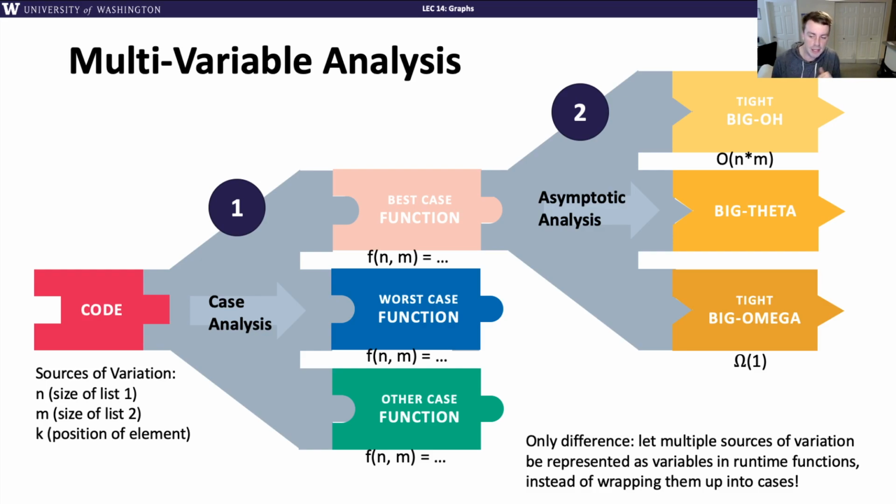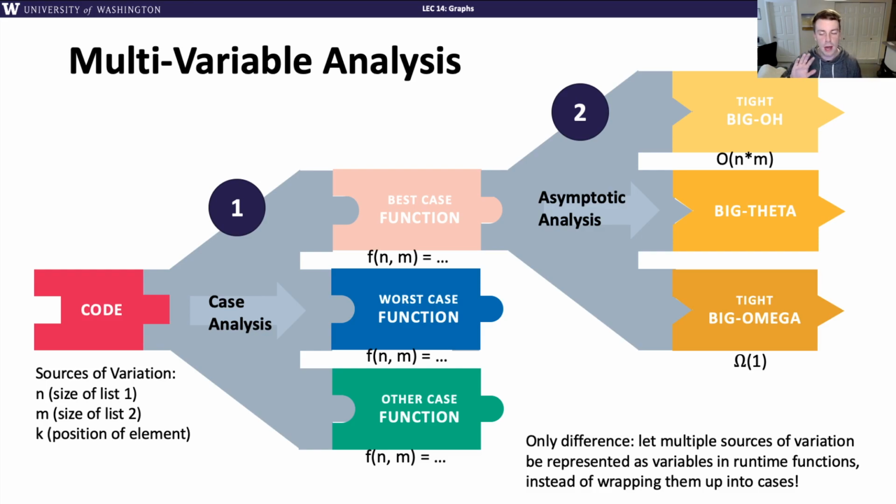In this example here, we might think about some code that runs in terms of the size of two different lists. We might call list 1 size n and list 2 size m. And it might be the case that the runtime will be dependent on both of those variables, not just one of those input sizes n.